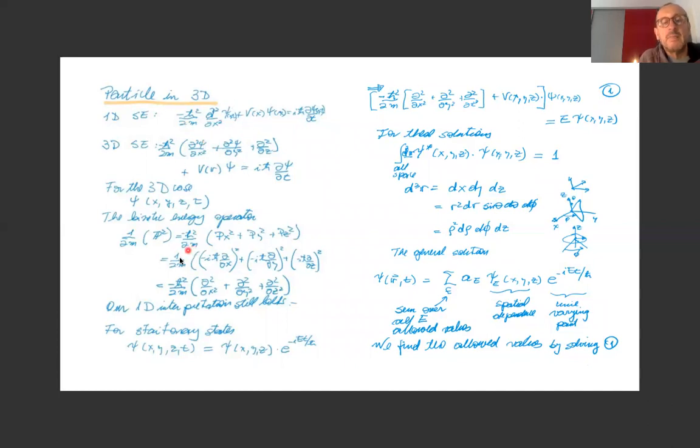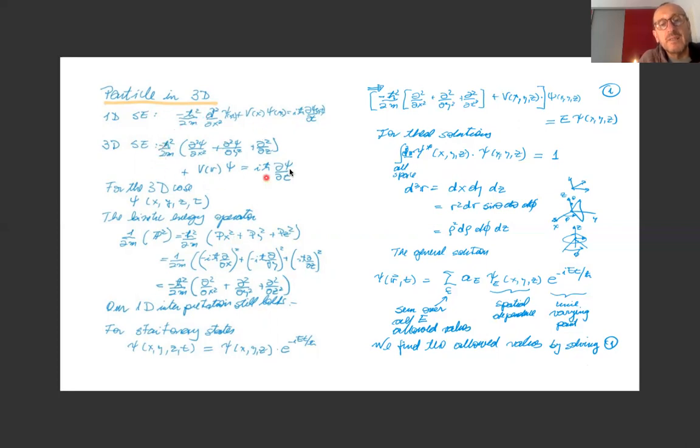Okay. But now I can mimic the same thing. I can write px squared, py squared, pz squared. This thing squared means that I have to apply it twice over the function phi. But this i h bar is simply a multiplication, and this is what gives me minus h bar squared over 2m.